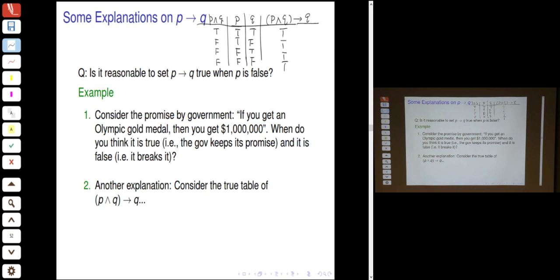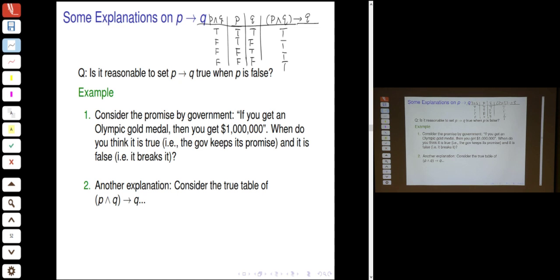Then there's no other way to assign the value, because you see here P and Q is F. Look at the third row. I'm looking at an instance of F arrow T, right? So F arrow T, according to what we agreed, it must be T. Right? The same for this. Look at the last row. This is an instance of F arrow F. Right? So you have to set F arrow F to be T. Otherwise, you can't get this.